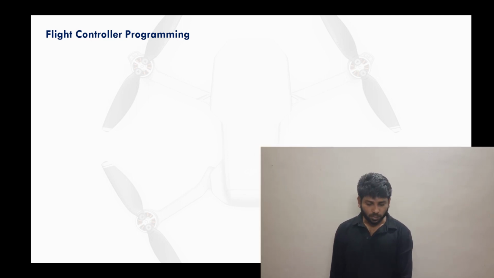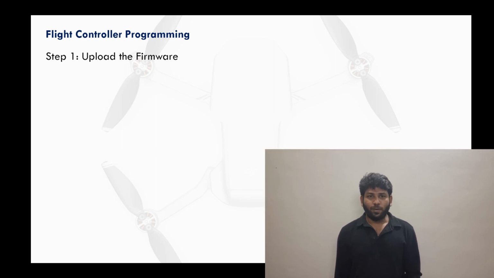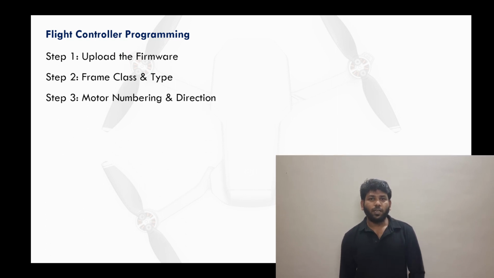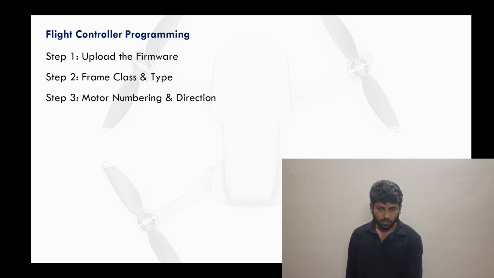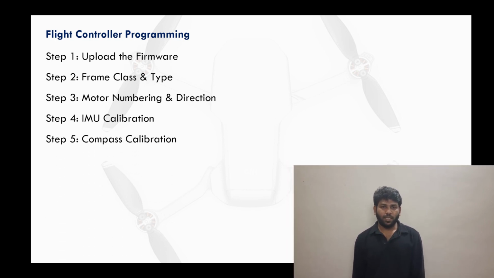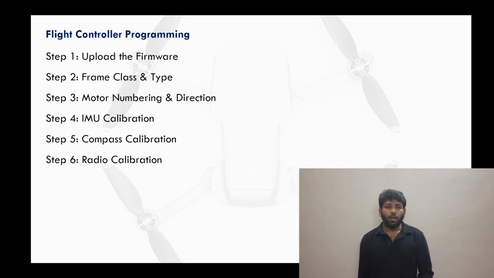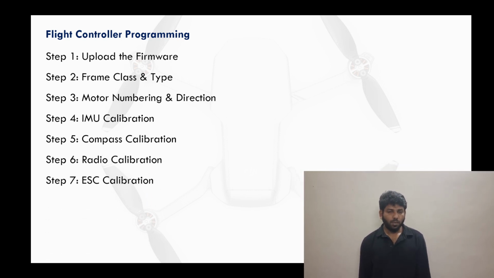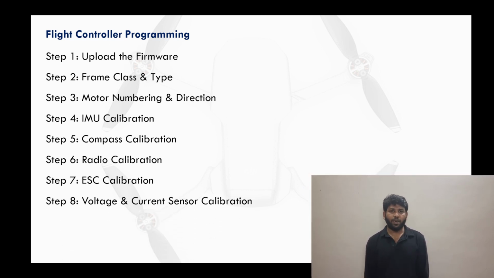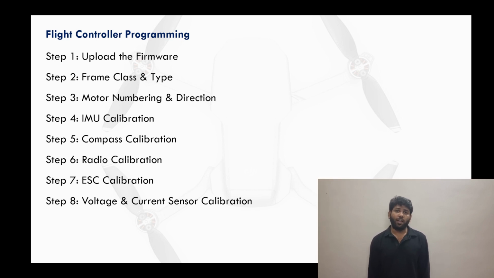This process includes upload firmware, frame class and configuration, motor numbering and direction, IMU calibration, compass calibration, radio calibration, ESC calibration, and finally voltage and current sensor calibration. This comprehensive overview will empower user to navigate the flight control programming process effectively using Mission Planner Ground Control Station.